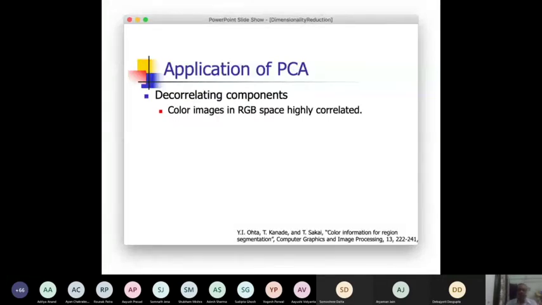There are some applications of PCA. One I told about is data compression, and as you see, the discrete cosine transform is heavily used for data compression because of this particular feature. The other thing is that, as we understand, these principal components are decorrelated.